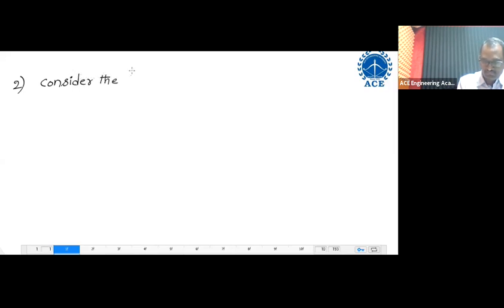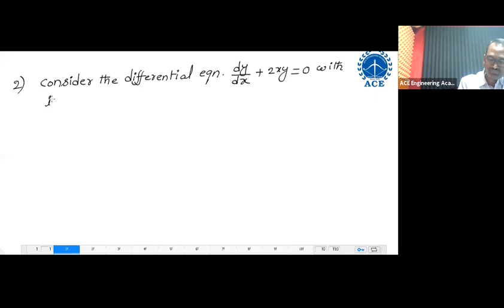Consider the differential equation dy by dx plus 2xy is equal to 0 with initial condition y of 0 is equal to 0.2.